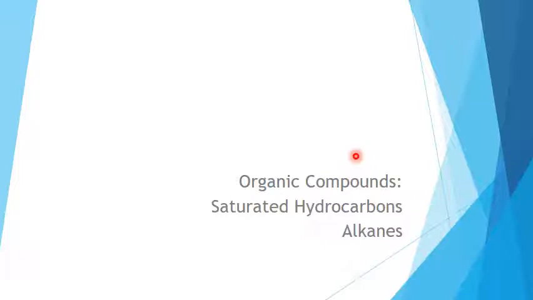One of the things they found out about all living organisms is that they were mostly made out of hydrogens and carbons. So they called this science, the study of compounds that are mostly hydrogen and carbons, organic chemistry.